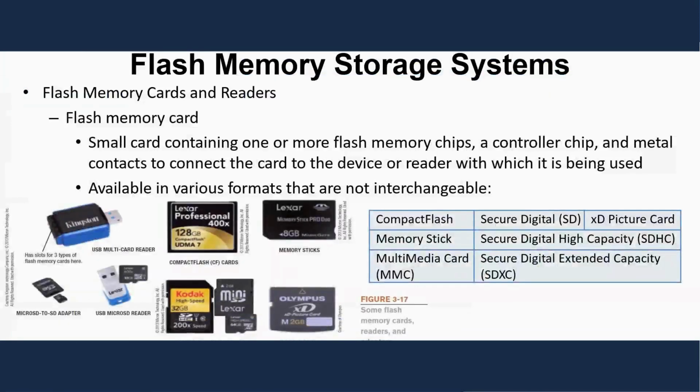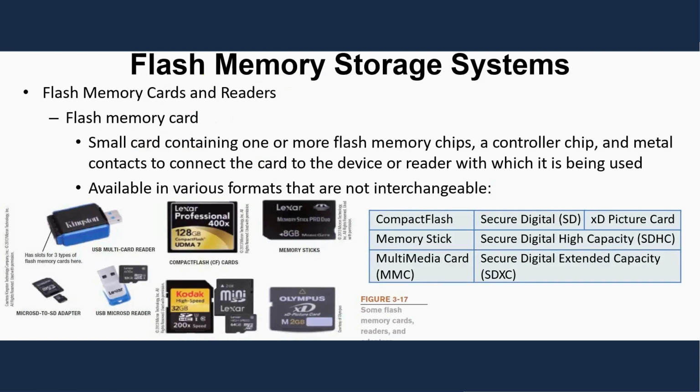Then we have different types of card readers available in the market because there are so many standards of SD cards. We have different sizes of SD cards and different capacities of SD cards. That is why we need different types of card readers.